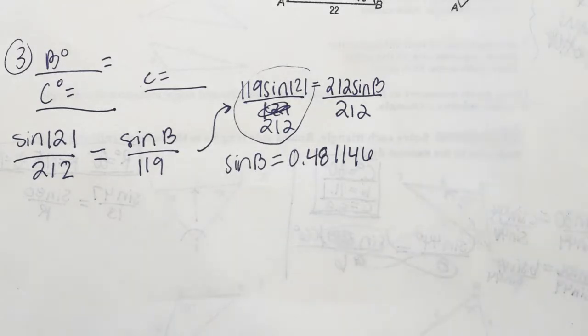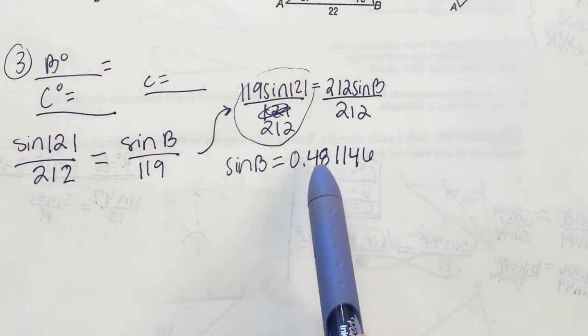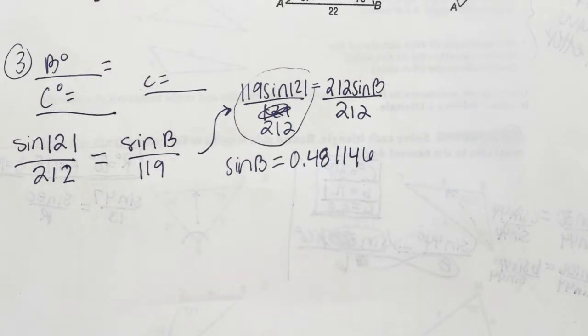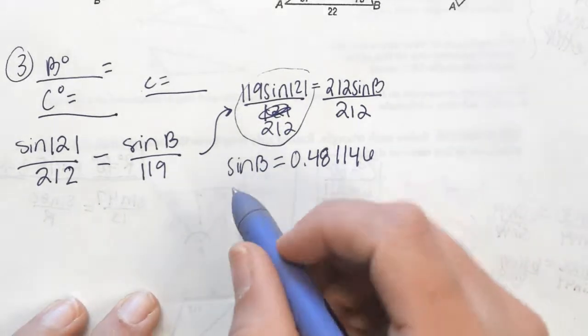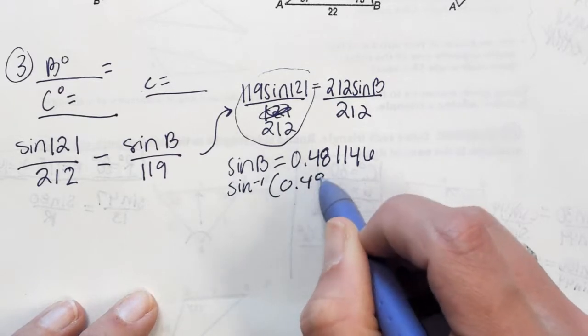Alright, what are we trying to solve for in this problem? An angle, right? Is this going to be an angle? Yes. Okay, correct. So remember what we did yesterday. When we solve for angles, we have to use what button? The inverse. Good. Again, when we solve for angles, we have to use the inverse. So what you would type in is sine inverse of this number that you just got.